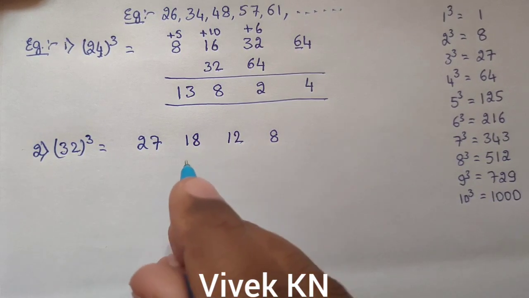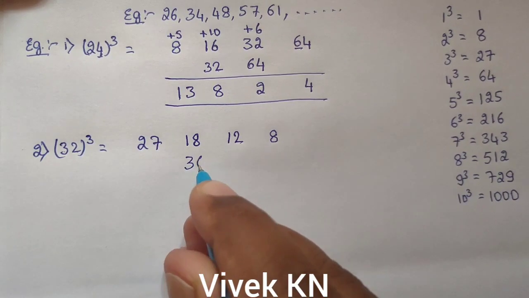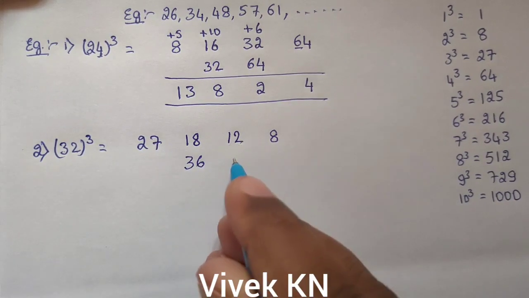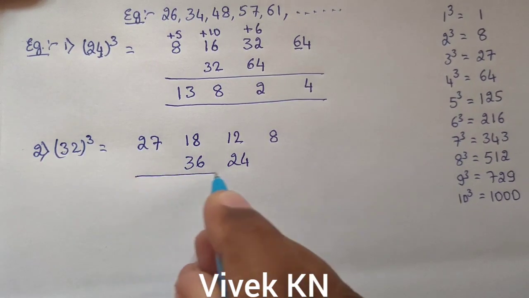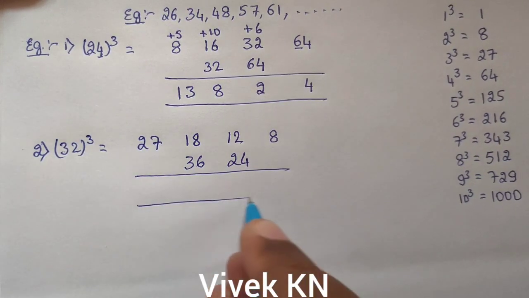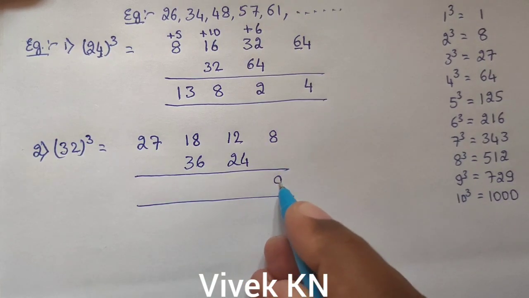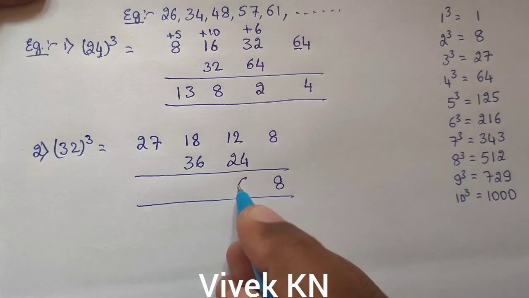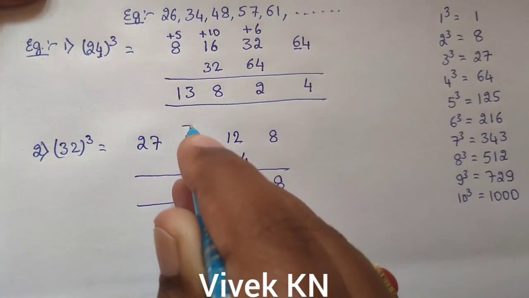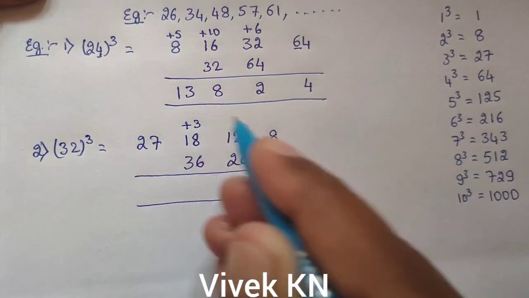That is 18 plus 18 is 36. 12 plus 12 is 24. Then we have to add 8. 12 plus 24 is 36. Write 6 here, and take 3 as carry.